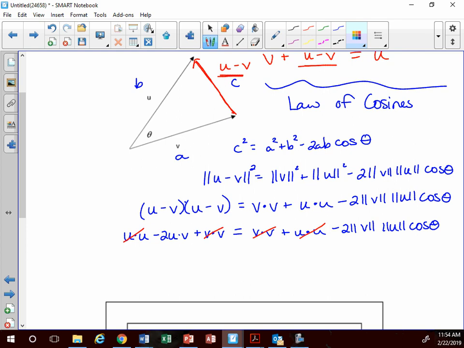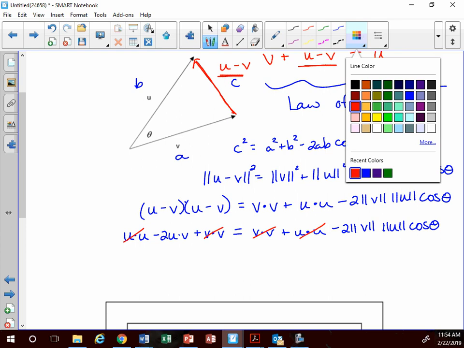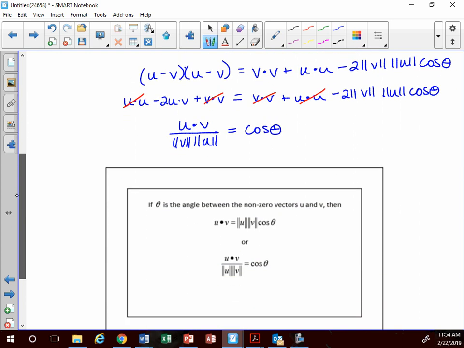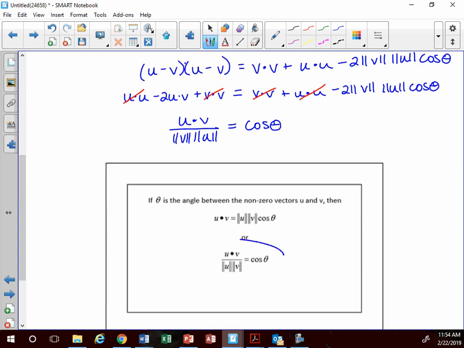That's going to go away from both sides. And what we're left with is u dot v over the magnitude of v times the magnitude of u equals cosine of theta. There it is.